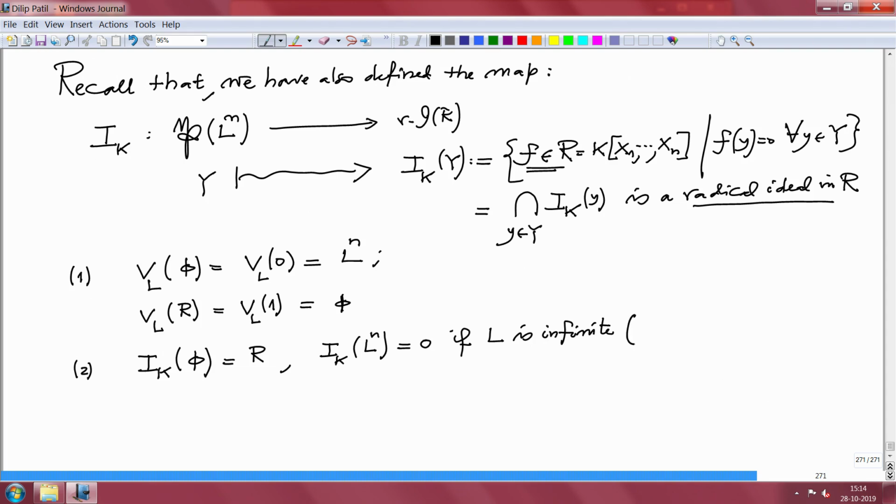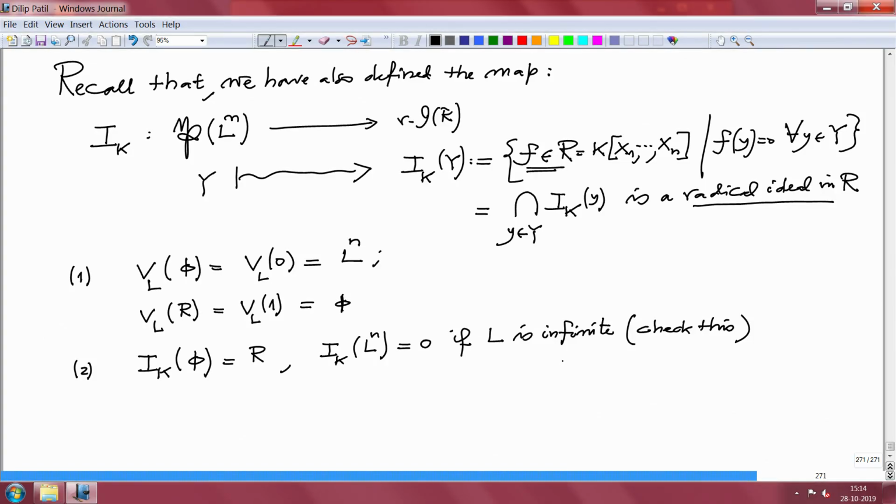This I would have checked earlier, so I will say check this. Either we have explicitly proved it in earlier lectures, or, since it has been a while since we did geometry, I would say check on this. If I have not checked it, please verify this. It is very easy to verify. Infinite is very important.